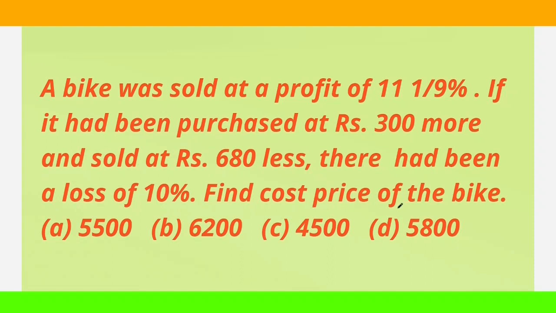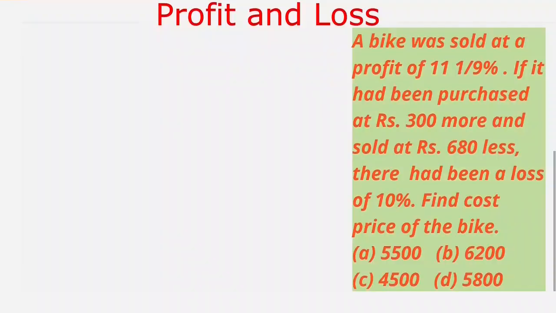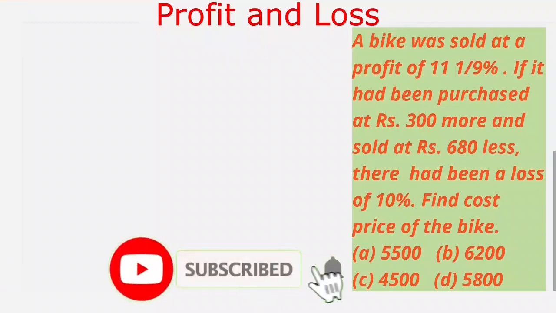Find cost price of the bike. The given options are option A 5,500, option B 6,200, option C 4,500, option D 5,800. We solve this question by conceptual method as well as by shortcut method.